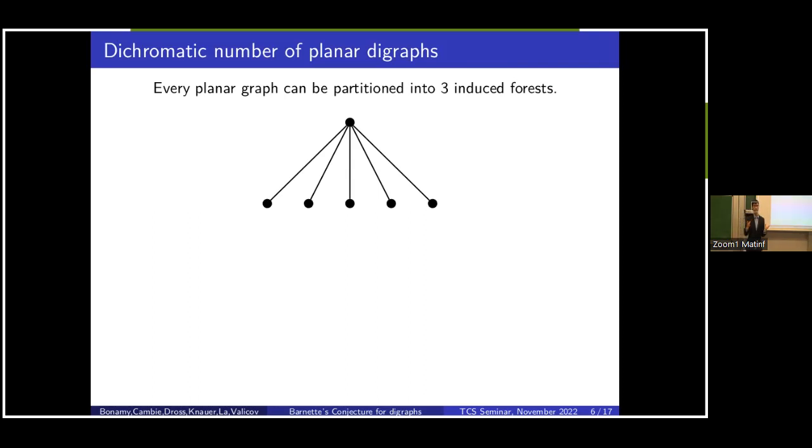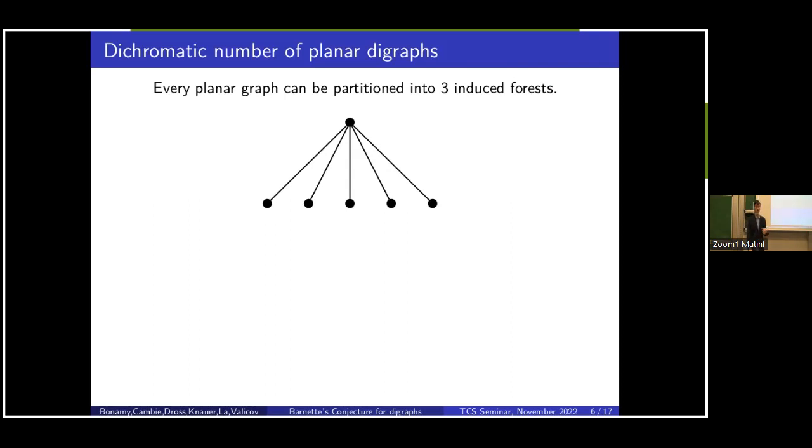So say I only need to work on triangulations, because if you take a subgraph of an acyclic set, you will still get an acyclic set, right? So I can start with a triangle, which is 3 induced forests of size 1. And then at every step, I consider this vertex of degree at most 5.